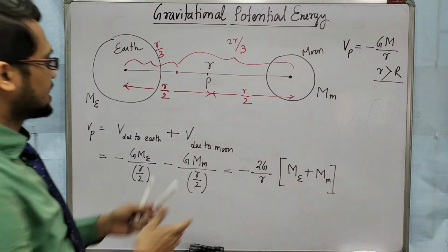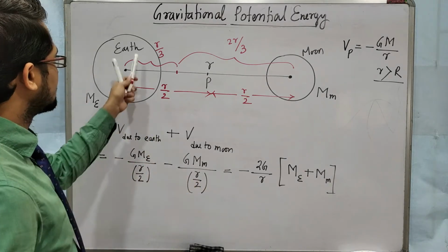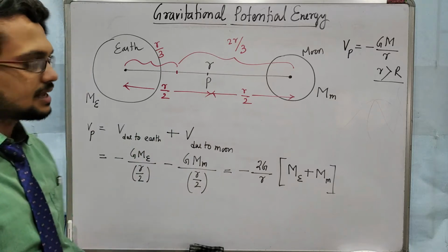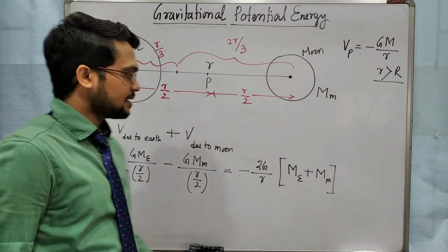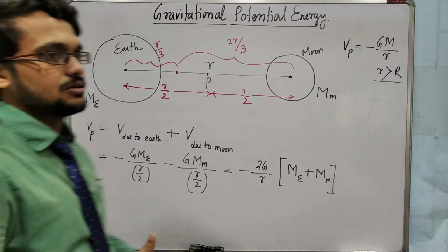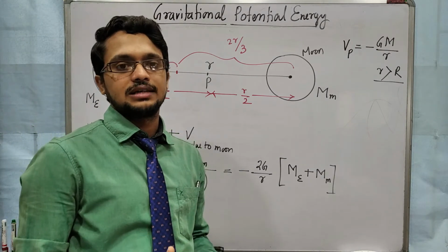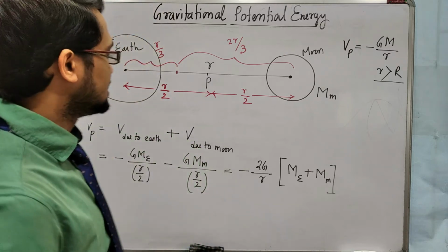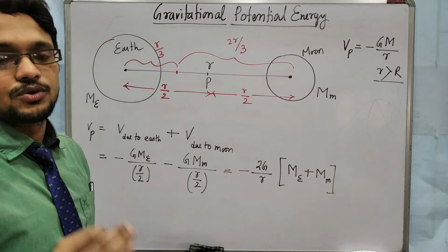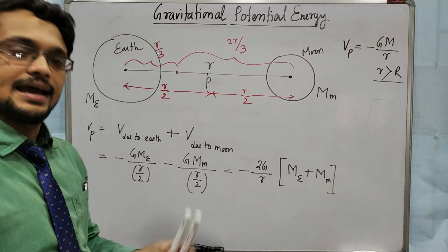Then in place of r by 2 you will write r by 3 for the earth, and 2r by 3 for the moon, and then add, and you will get the answer. So when you are asked to find the potential due to a number of masses, you find the potential at that point due to individual masses and add them.